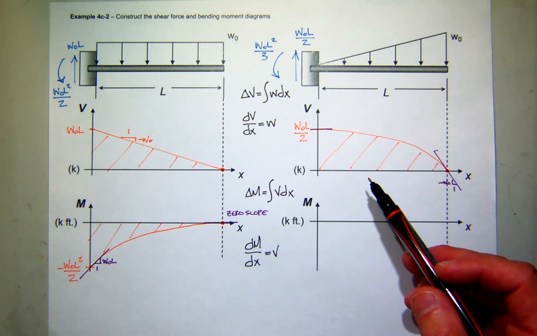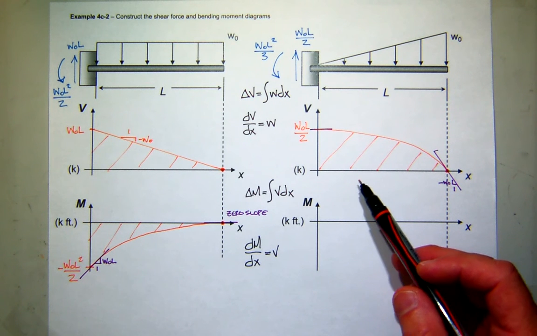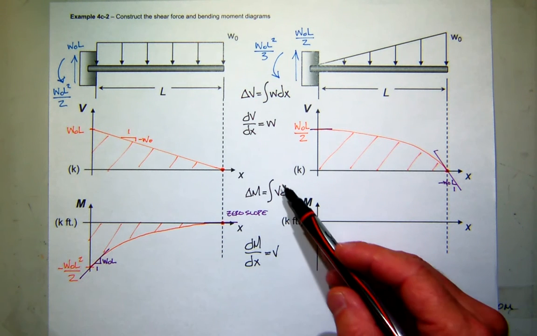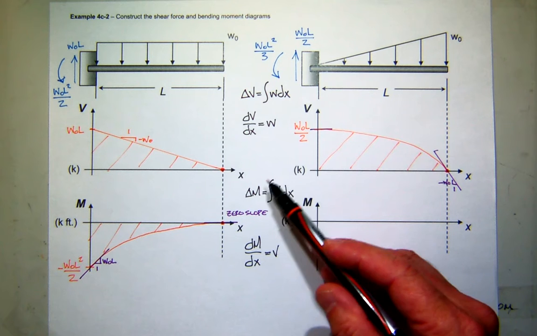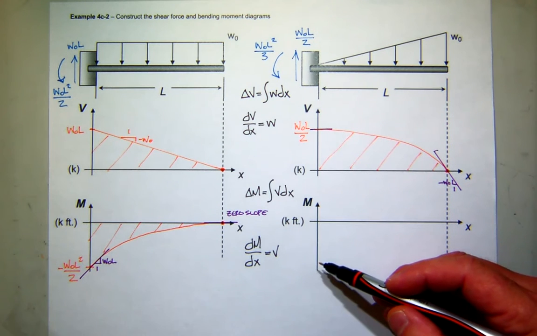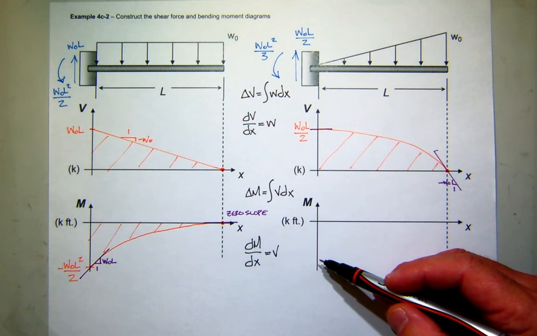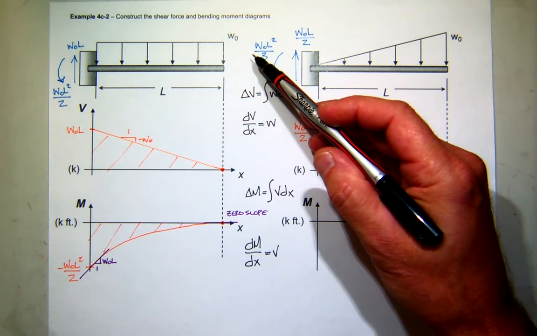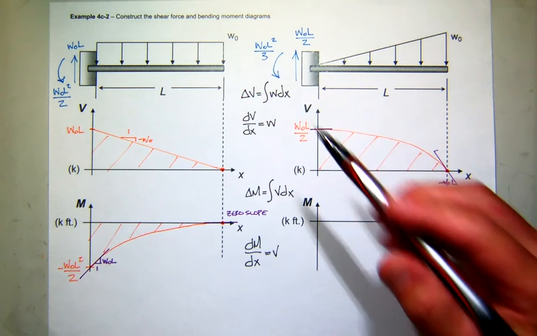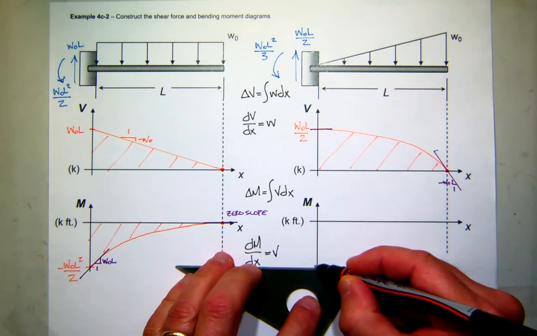Why would I care to calculate the area under this curve? Because it tells me the change in moment. And what is the beginning value for our moment? W naught L squared over 3, positive or negative? Negative.